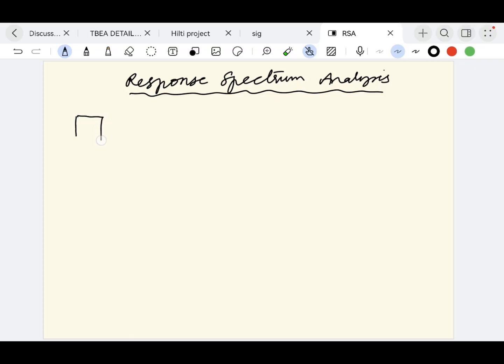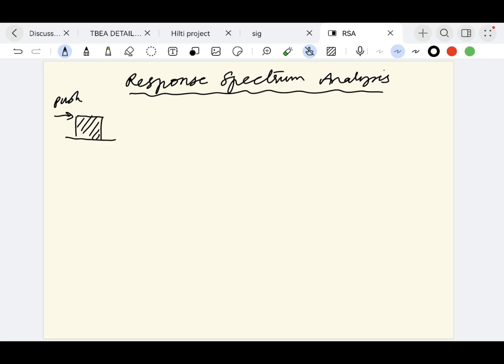Consider a building, a small structure, or any object. When you push it and leave that object, it will vibrate, it will have its own vibration.